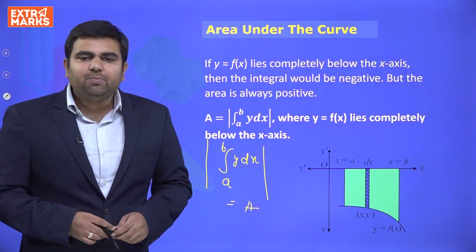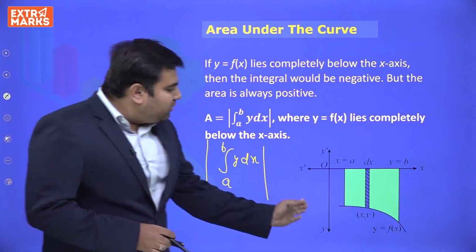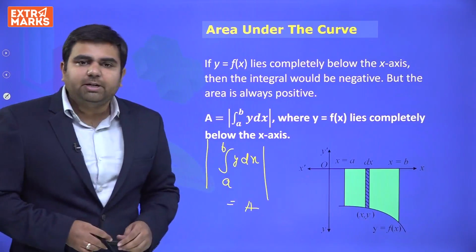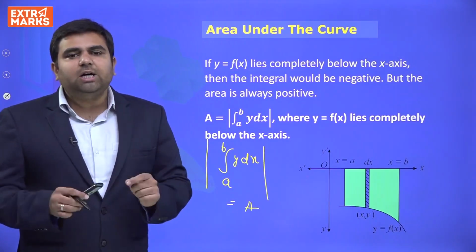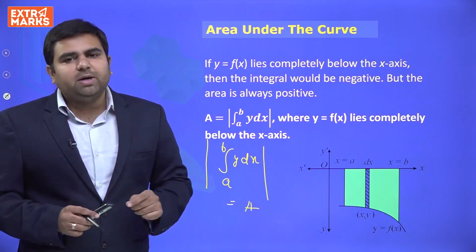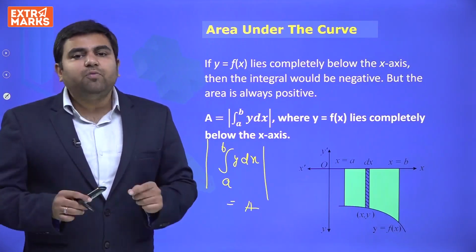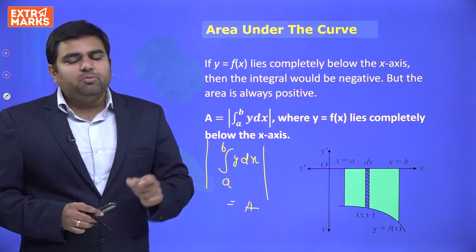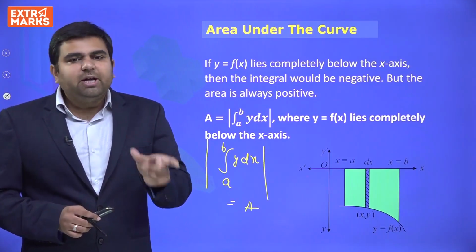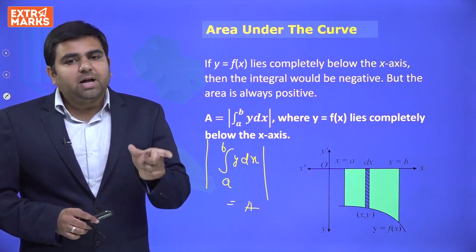So this is the case when a portion of the curve goes below the x-axis. Please remember, students, whenever a portion of the curve y equal to f of x goes below the x-axis, and we need to find the area of that portion with respect to the x-axis between two fixed ordinates, then we need to apply modulus.